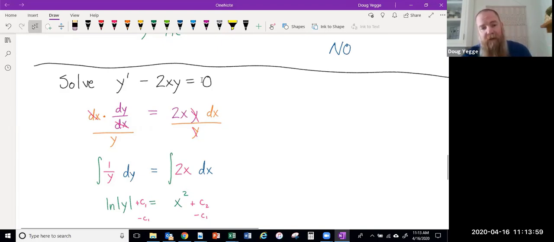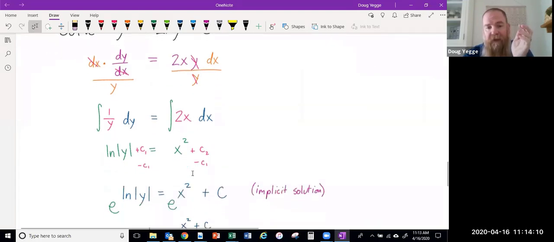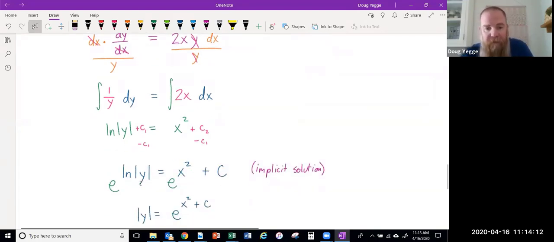So all we've done is separate the variables. When I separate the y's with the dy's and the x's with the dx's, I can integrate both sides and I now get this solution. From this point on, it was just a little bit of algebra to get y by itself.